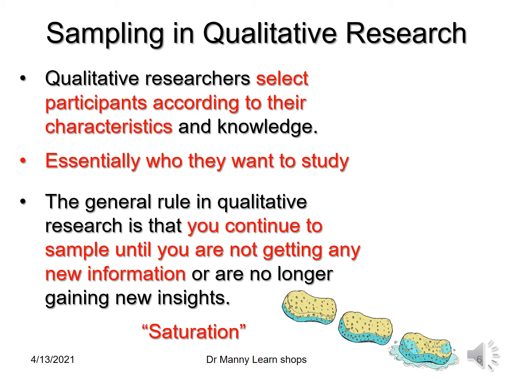This is called saturation, data saturation, or theoretical saturation. But essentially, you continue to sample until you're not getting any more information that is new. If you're getting new information, you continue to sample.